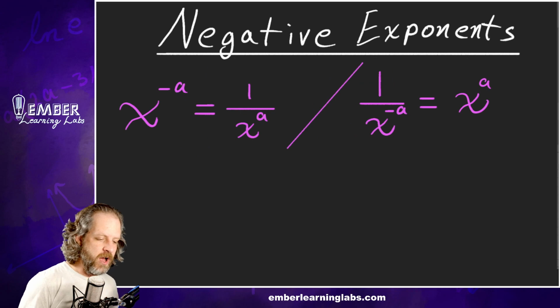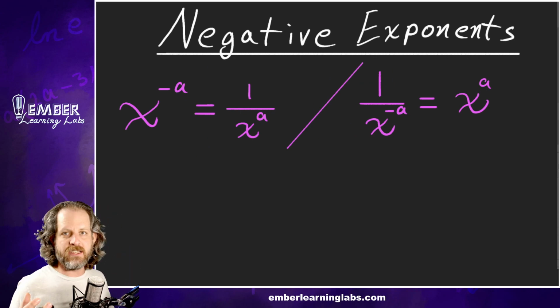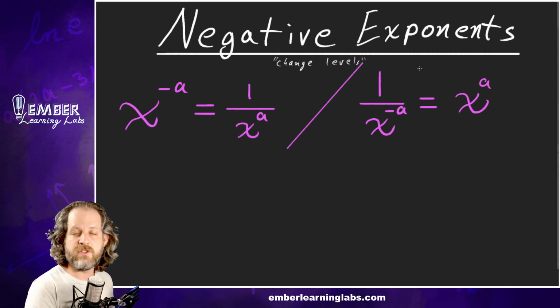Negative exponents. What I like to say is negative exponents make the thing change levels. That's the way I like to describe it. If it was on the top, it moves it down to the bottom. If it was on the bottom, it moves it to the top.